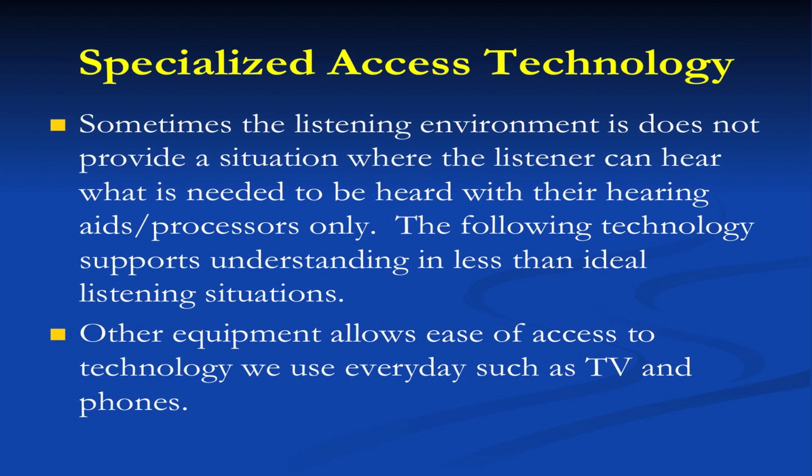So there is specialized access technology that we use to help children hear better in classrooms and adults hear better in meeting settings, because we have to improve the signal to noise ratio, which means the signal, the speaker, compared to how much noise is in the background.